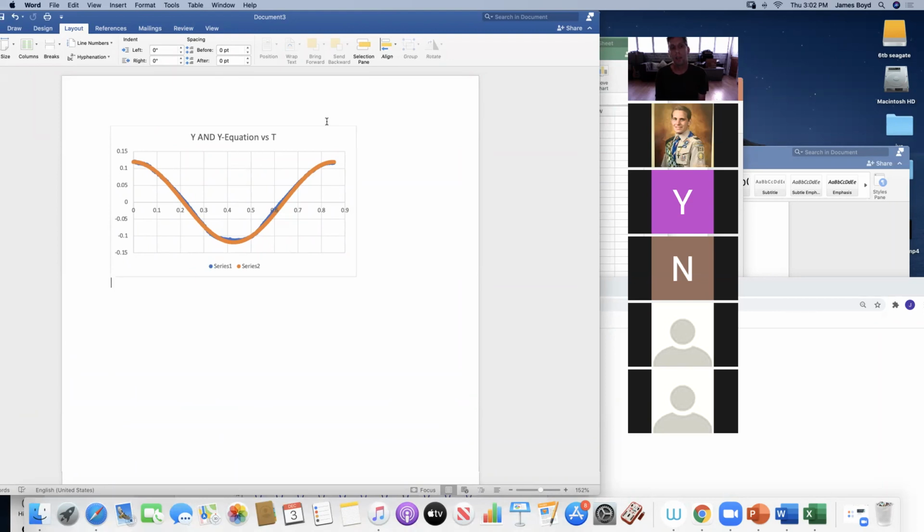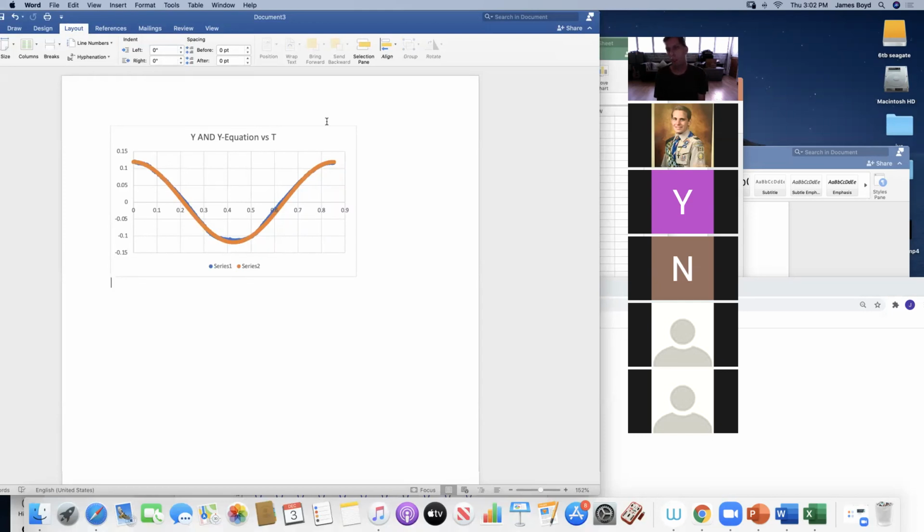If we can model the motion of a system, in this case, we're modeling it y max cos omega t plus phi or minus phi, whichever way you want to say it. We're modeling it on a theoretical equation, and we're seeing that it kind of sort of matches it.